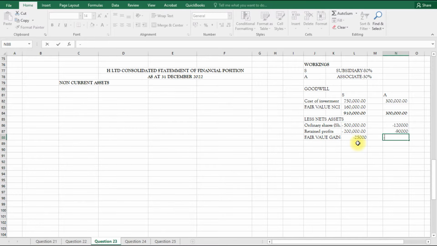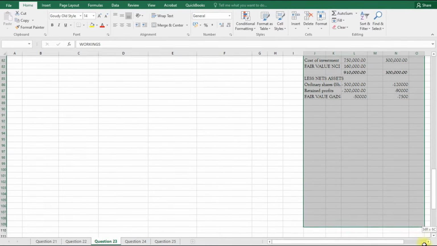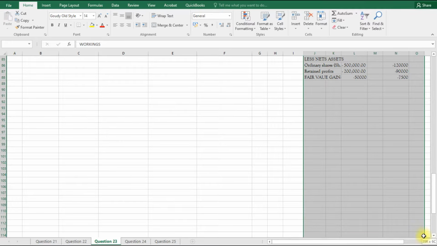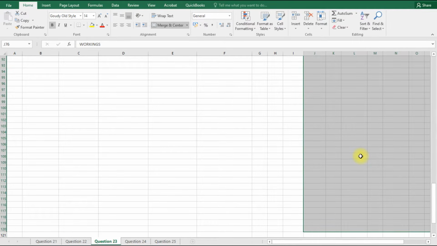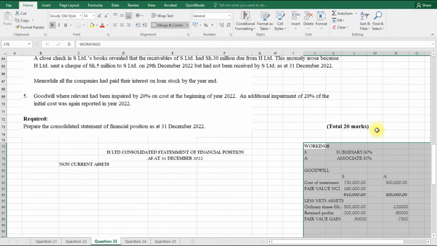Sorry, that cell is active. Yeah, this one is supposed to be minus 50,000, and this one is supposed to be, I'll open the bracket, minus 25,000, multiplied by 30%. I will enter that to be 7,500, and I can format this area so that any value that I'm using as a negative will show me using brackets.